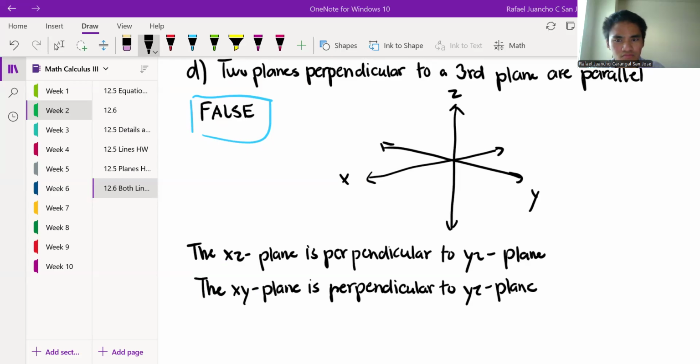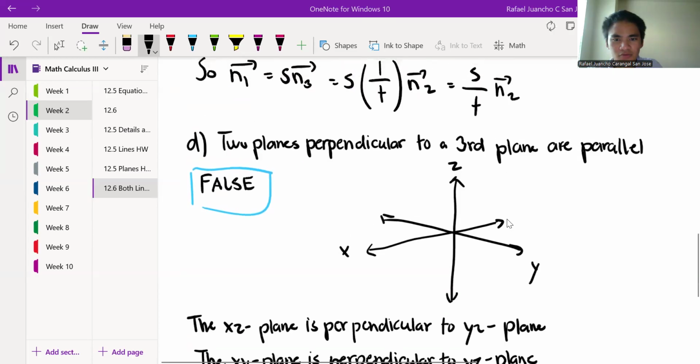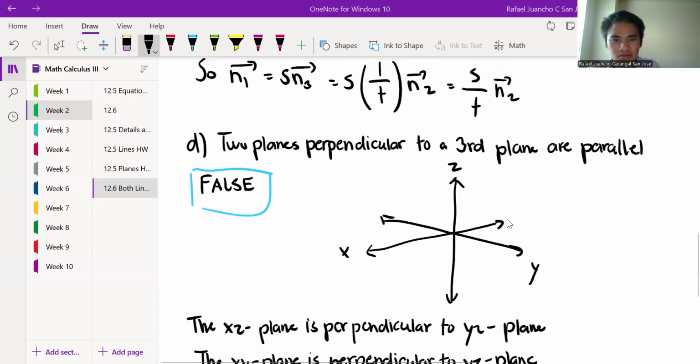Oh, what am I saying here? Two planes perpendicular to a third plane. What part am I? I'm at D or E? Oh, I'm at D. Okay, so we're gonna go through D. But here's just saying the XZ plane.